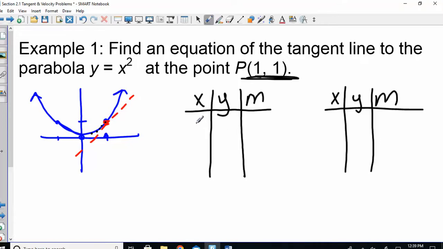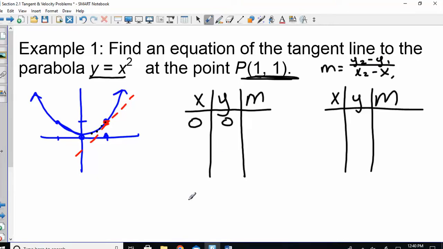So we need to start out with an x. Let's start out smaller than 1. So maybe if I start at 0. Okay, I can't get the point on the line because we don't know the line, but I can use the parabola to help me. So if I put in 0, what's the y value on the parabola? 0. How do you find slope? y sub 2 minus y sub 1 over x sub 2 minus x sub 1.